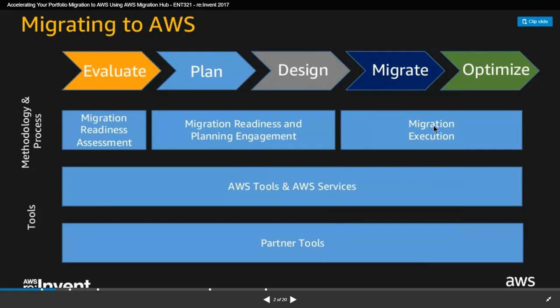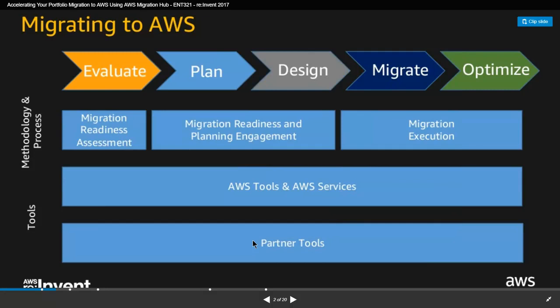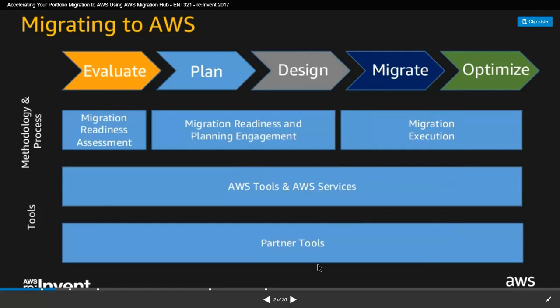And migrate and optimize, you execute the migration and make sure that the workloads are running. So this is a 3-stage process with a 5-stage assembly line, right? Now there are native tools available in AWS which allow you to do this, and you can also use a third-party tool or a partner's tool to achieve this. Are you with me?